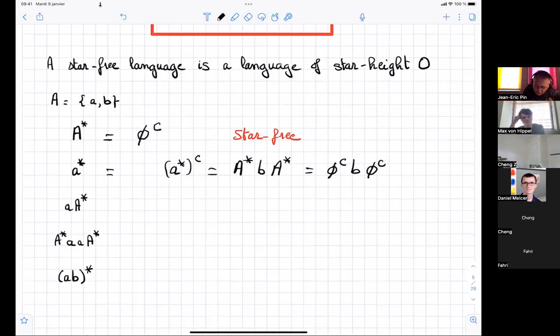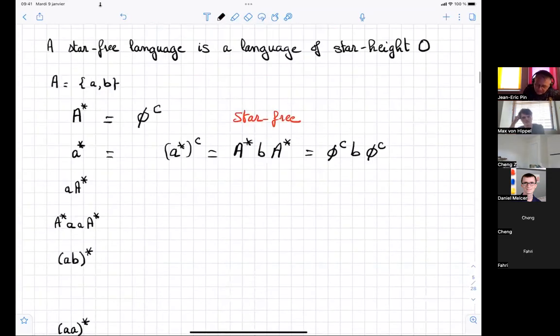Okay, so therefore, A star is this. Okay, that's the trick. So this language again is star-free.